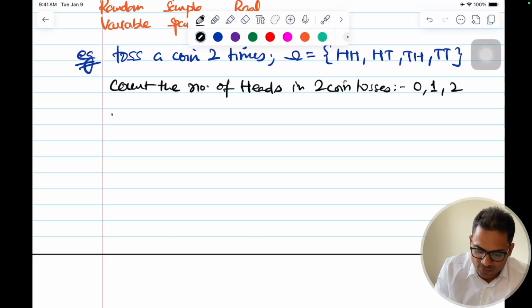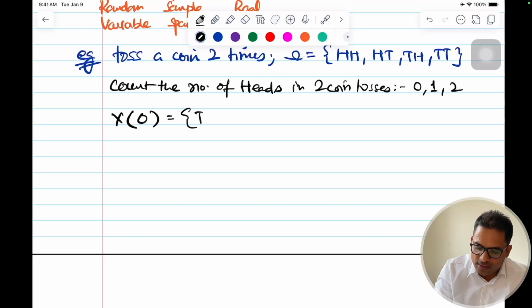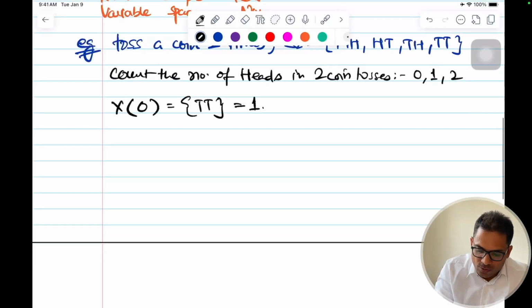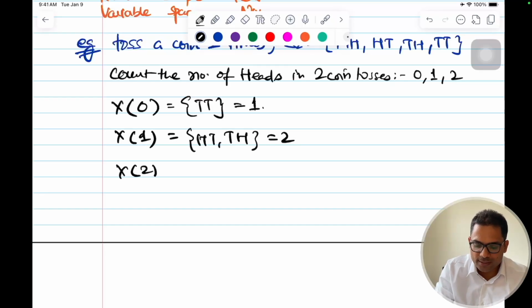What is the count of getting 0 heads? 0 heads would be the outcome tail-tail, so this will be 1. Now, what is the random variable mapping of 1 head? That would be head-tail and tail-head, so this will be 2.